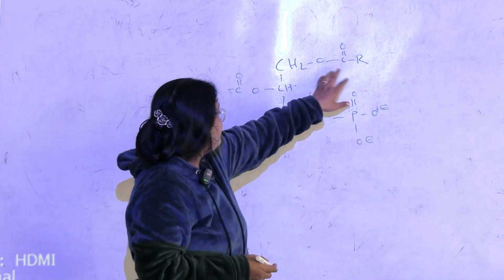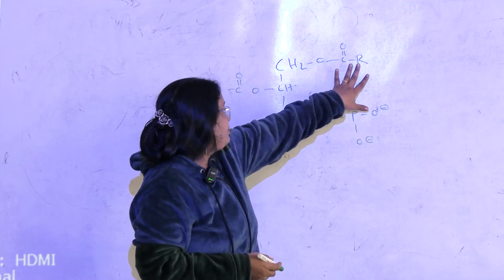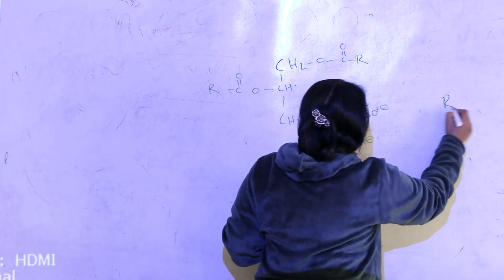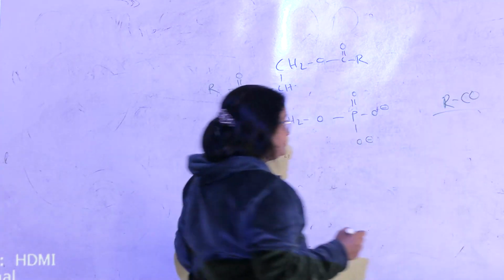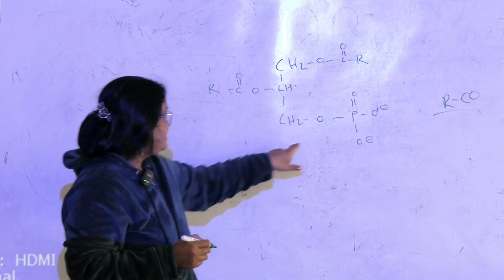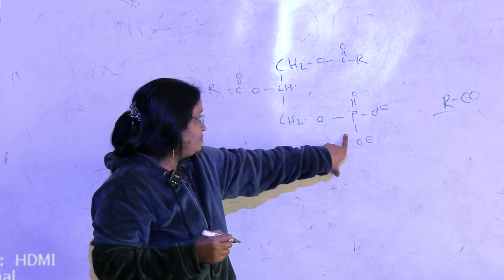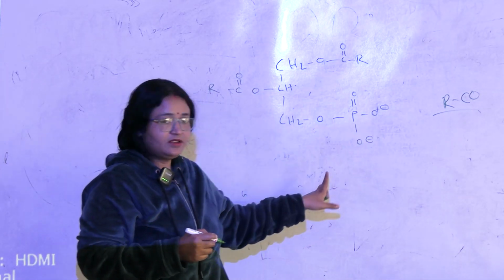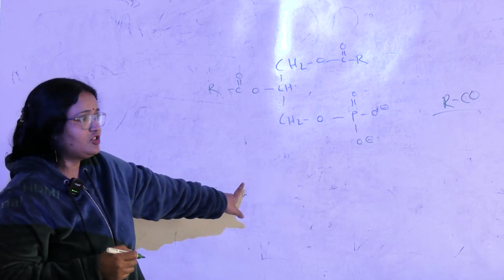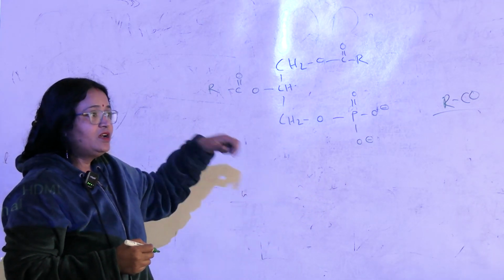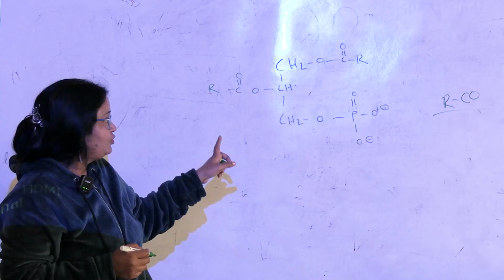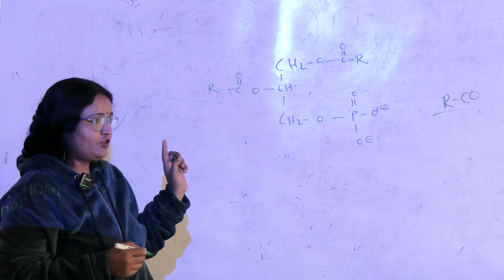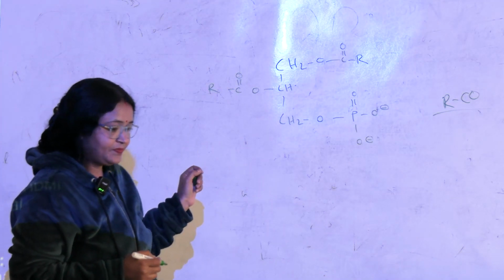So from glycerol I join RCO, and here the phosphoric acid residue. This is the first and simplest phospholipid without any nitrogen amine group or any other group. It is also called phosphatidic acid or phosphatids.